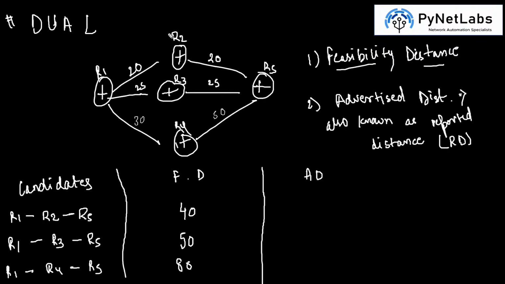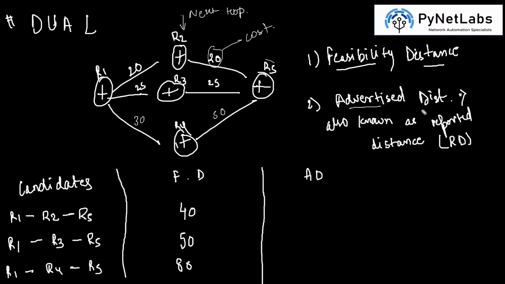The next hop of route 1 for router 1 is going to be router 2, right? Next hop is R2. So the total cost from the next hop to the destination, what's that? We have 20. Make sense?